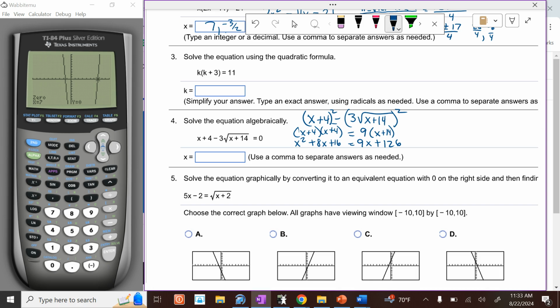And now I've got to solve it. Well, I'm going to subtract 9x and subtract 126 from each side. So I'll get x squared minus x minus 110 equals 0.